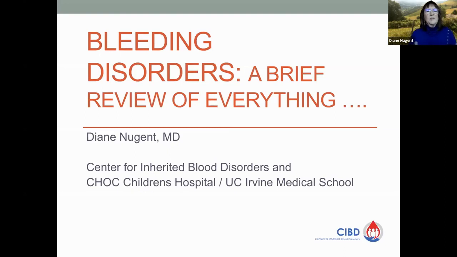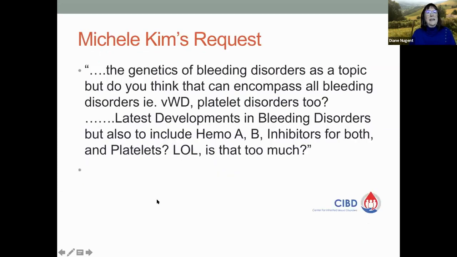I'll start this talk with the quote that Michelle asked me to cover. I entitled it Bleeding Disorders, A Brief Review of Everything, because what she asked me to talk about was the genetics of bleeding disorders.